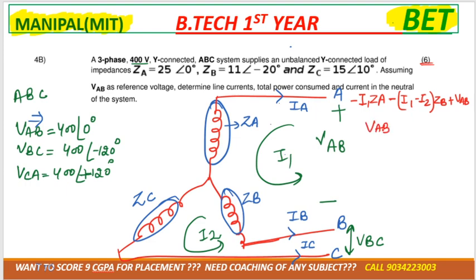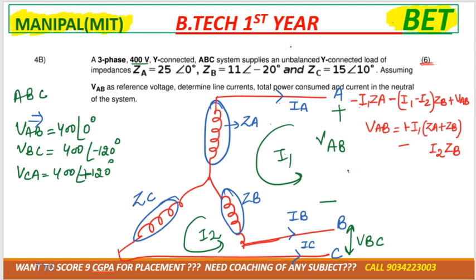So VAB is how much? I1 take common, so minus I1 (ZA plus ZB), and then plus I2 ZB. So on the other side it would be minus, it would be plus, and it would be minus, right?